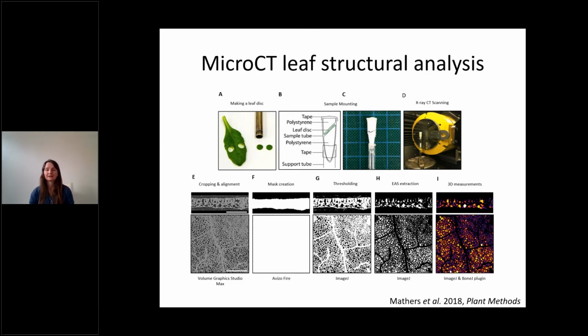So it's actually a very rapid and very detailed way of obtaining information about leaf structure, and we've used it quite a lot over the last few years, and I hope it's something that people will keep thinking about using, because I do think it's really useful technology.